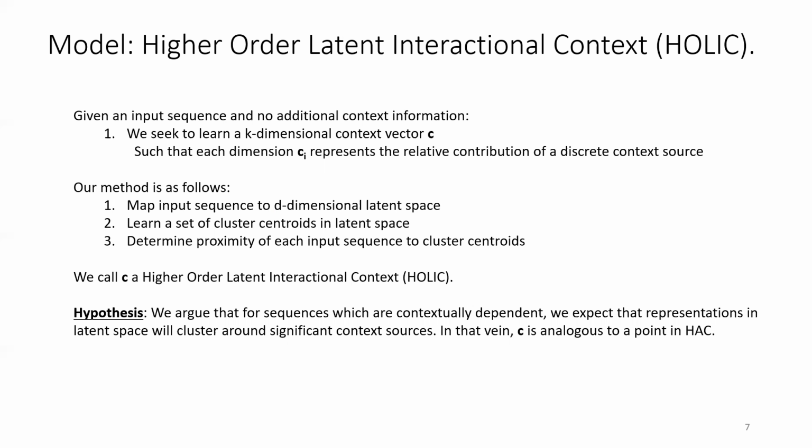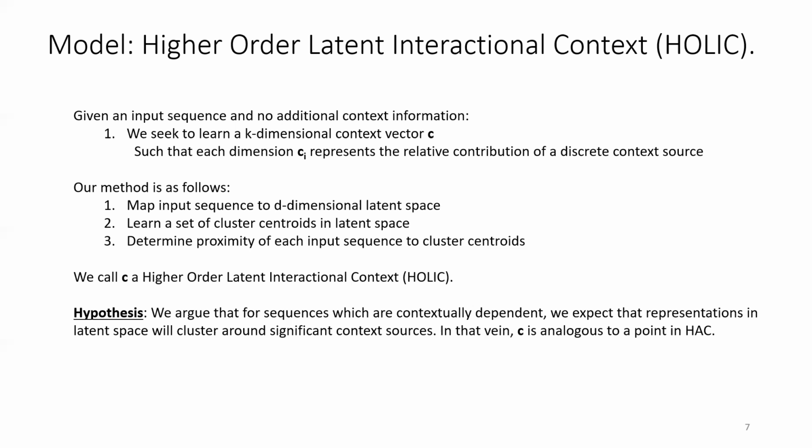Our methodology is as follows. First, we map the input sequence into a d-dimensional latent space. Then we learn a set of cluster centroids in that latent space. And then we determine the proximity of each input sequence to the respective cluster centroids.